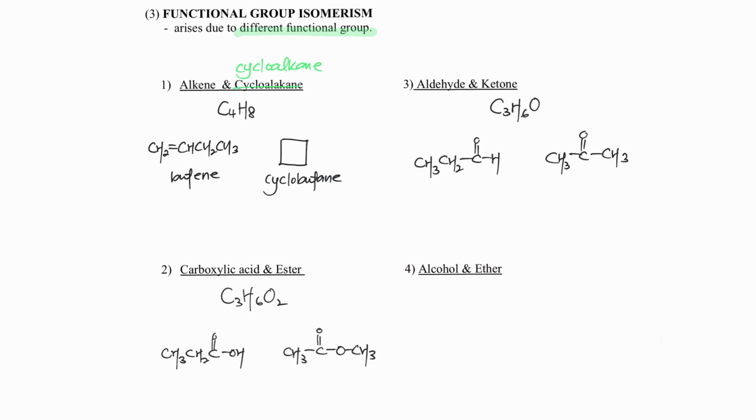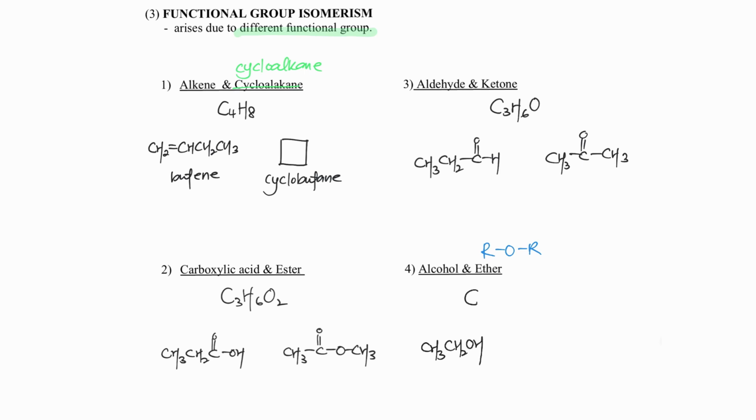So the last pair to go, we have alcohol and ether. So ether is actually not in the syllabus for us to learn in detail. But since we have alcohol here, we will move into the functional group isomer of it, which is alcohol and ether. So let's say we have an alcohol with 2 carbon atoms.